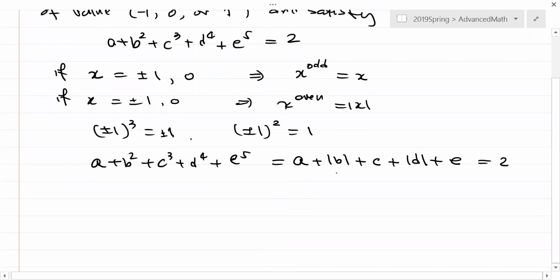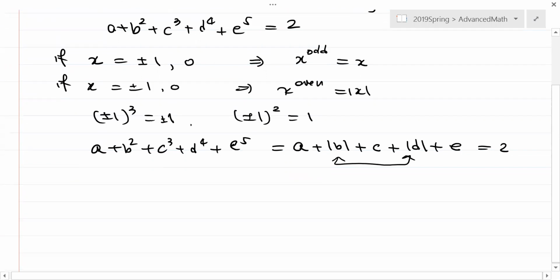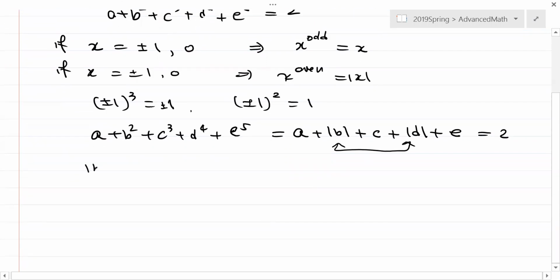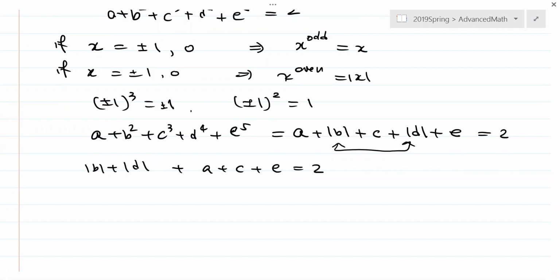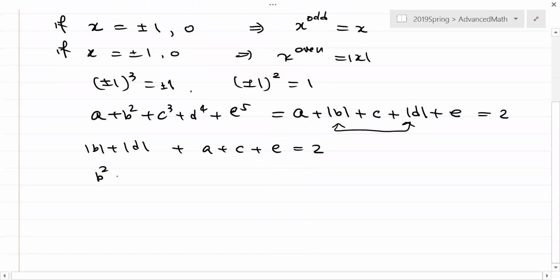Now you see that these two are special. So you only have 2 types of numbers. You can still write it as B squared plus D to the fourth power, and here A plus C cubed plus E to the fifth.